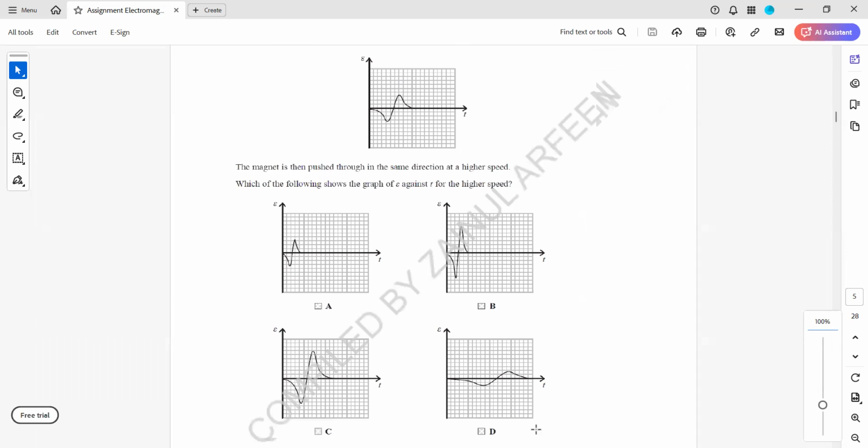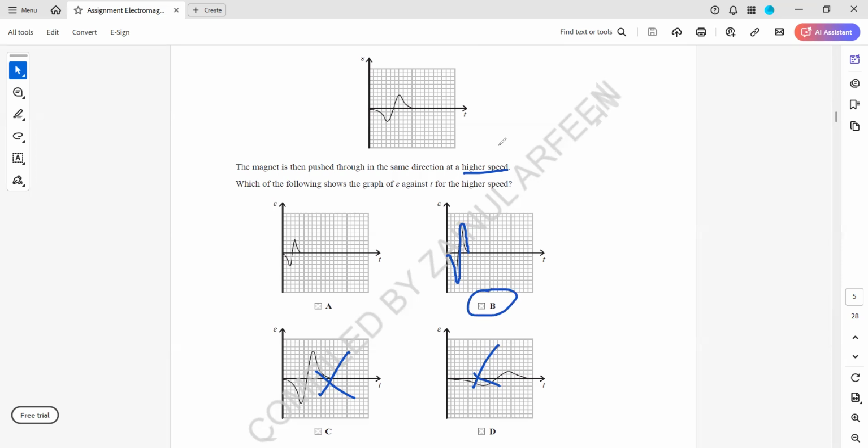And because it is moving at a higher speed, there should be a greater induced EMF. So why are C and D wrong? Because it is longer than what is shown here. It should be shorter, but because it is moving at a high speed, there is greater induced EMF. So more induced EMF in a short time interval. That's why B will be the right answer.